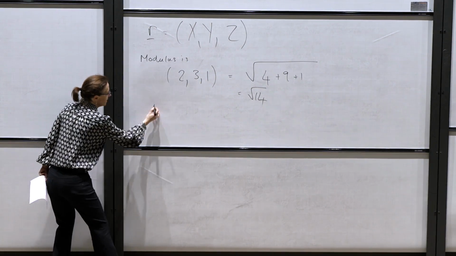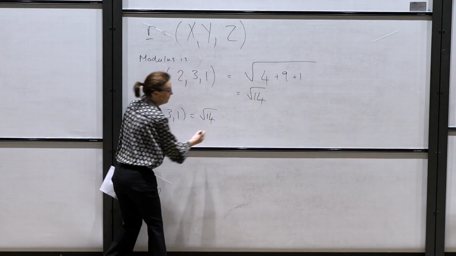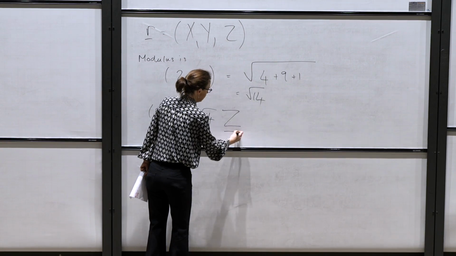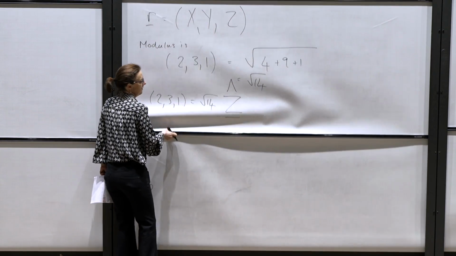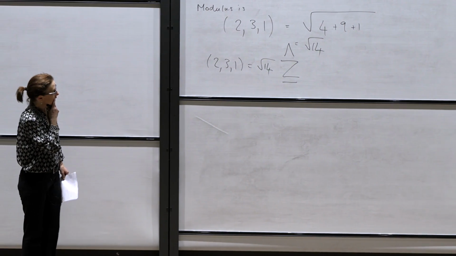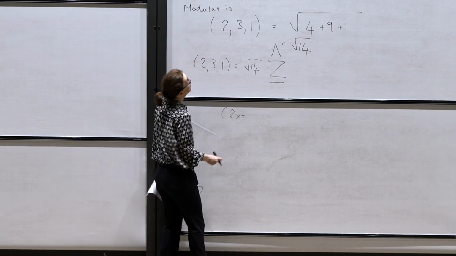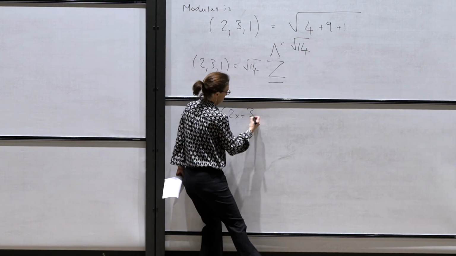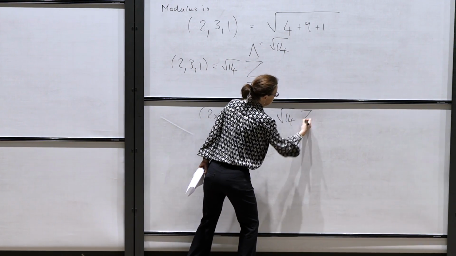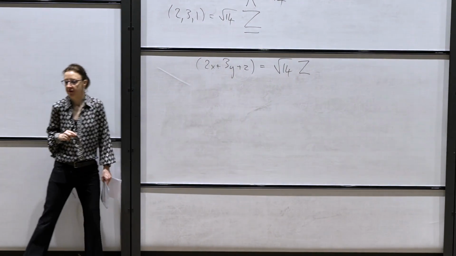So I can write this vector 2, 3, 1 as the square root of 14, the modulus of the vector, times some unit vector, which I'm just going to call big Z hat, in this new direction. Okay, so then my integrand 2x plus 3y plus z just becomes root 14 big Z in terms of the new coordinate directions.